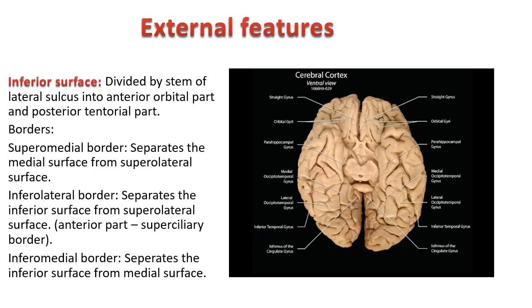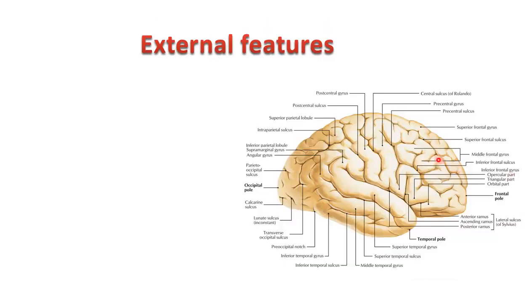With this introduction, now coming to the poles. Poles are the ends of the cerebral hemispheres. You have three poles: the frontal pole, the occipital pole and the temporal pole. The first is the frontal pole, the anterior-most end. It is somewhat blunt, not very pointed, even though you call it a pole.